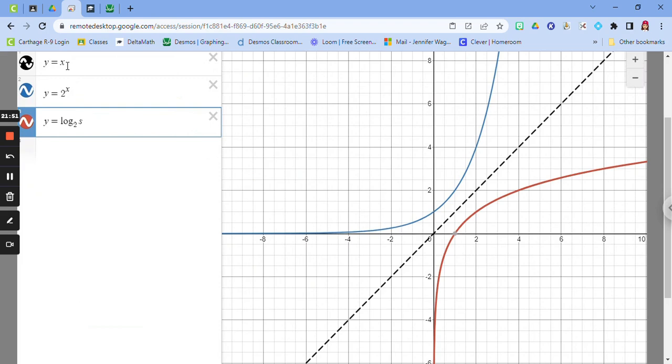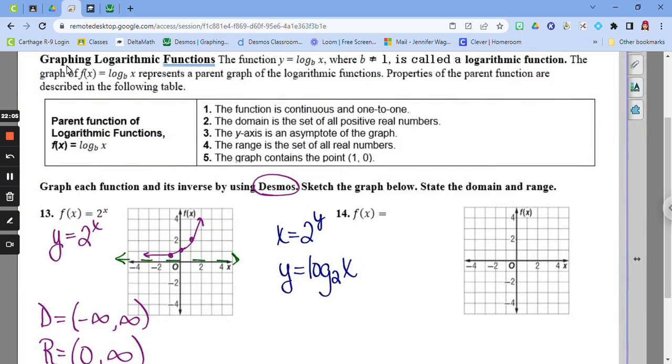Now, coming up with our domain and range, you're just going to copy the sketch from Desmos onto here. So I have this, and there's my graph of the logarithm.